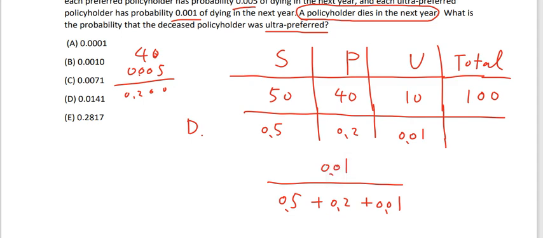So the probability is this. Let's multiply by 100. So this is 1, this is 50, right? This is 20 and 1. So this is just equal to 1 over 71. Just like that.